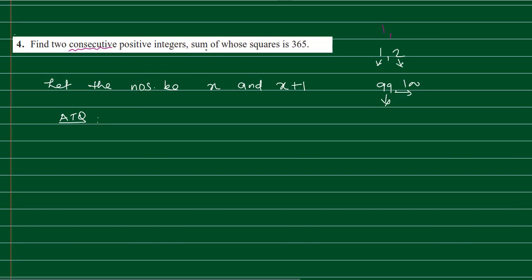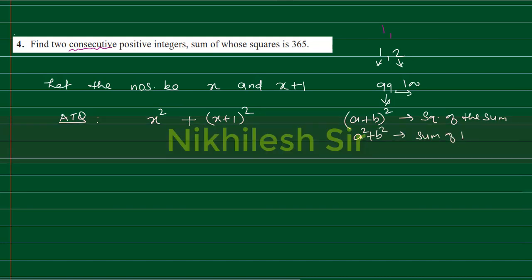this is also a very important thing: sum of whose squares, that is plural, so we need two squares, that is x square and x plus 1 the whole square, and their sum. See, this is the difference between sum of squares and square of the sum. (a plus b) the whole square is the square of the sum, and if I write a square plus b square, this means the sum of the squares.